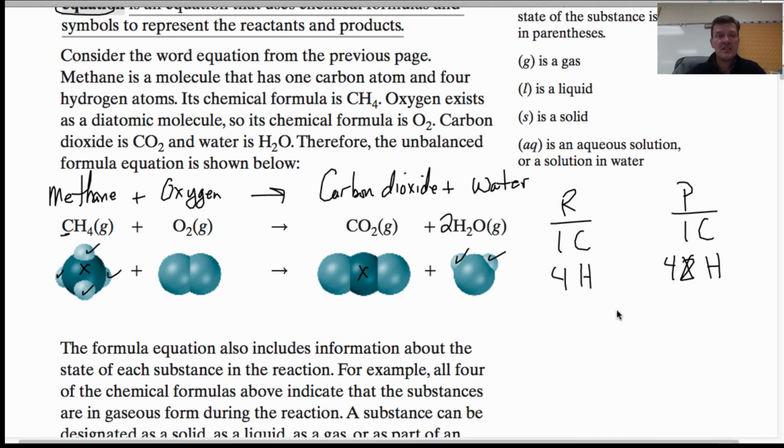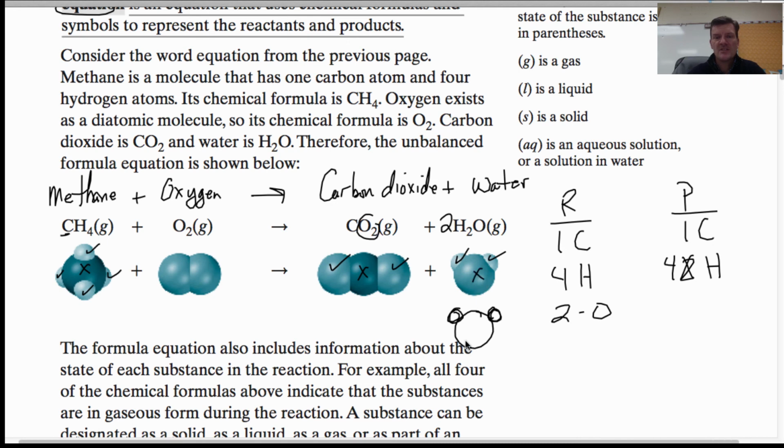Now let's check the oxygen. I've got 2 oxygen on this side. And on the other side I've got 1, 2, 3, 4. Here's 2 oxygens right here. And I doubled, so I now have another water molecule here. There's my other water molecule.